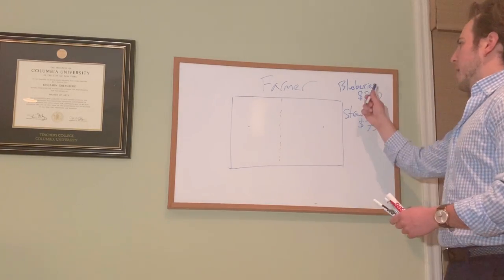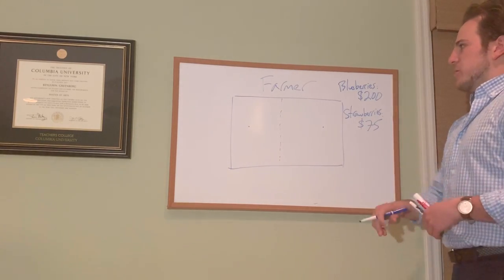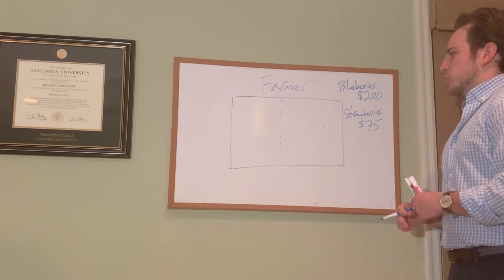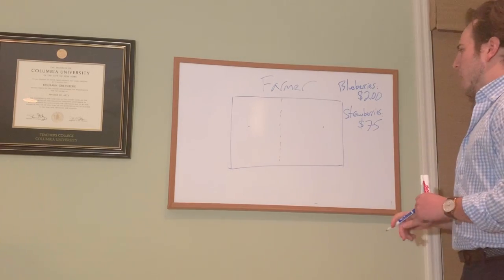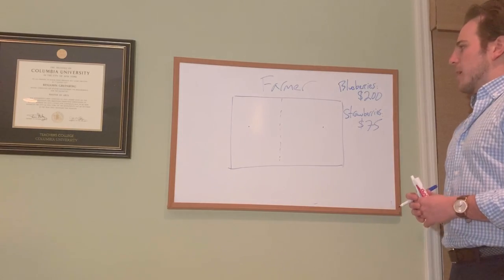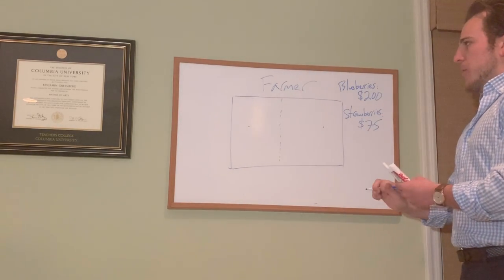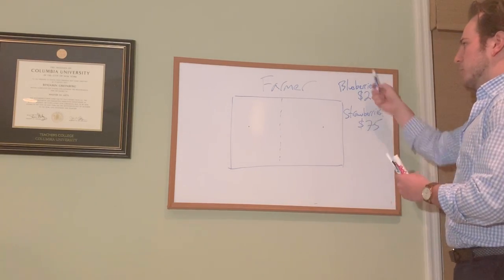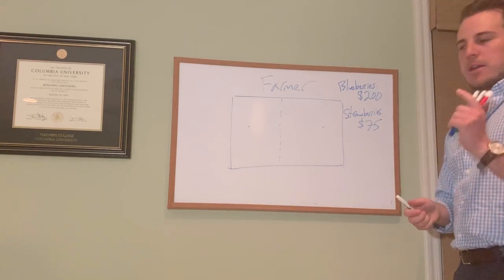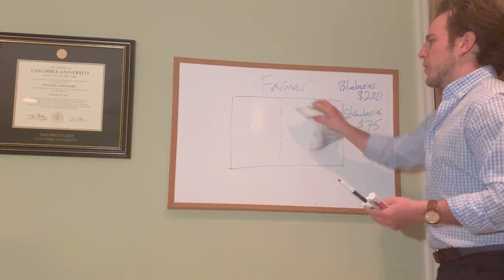Maybe it comes out that blueberries are particularly healthy for you. Putting blueberries in your cereal, even at breakfast, can drastically improve your health, where strawberries, unfortunately, not so much. Okay, let's say that came out. So blueberries are selling at a higher price now. This farmer, this season, if this came out in January, is going to take note of that, of course. And what do you think they're going to do?